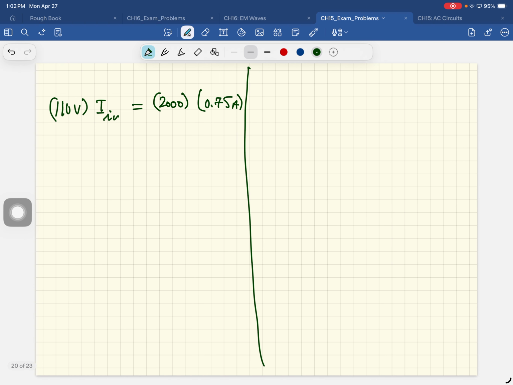So input current is, input RMS current, that is 13.6 amps.